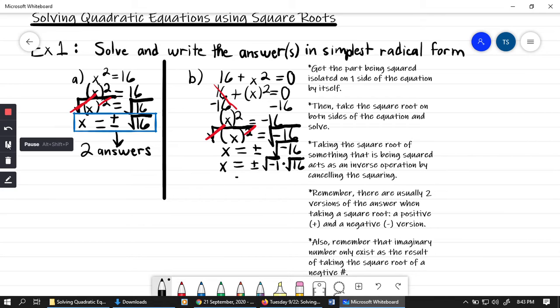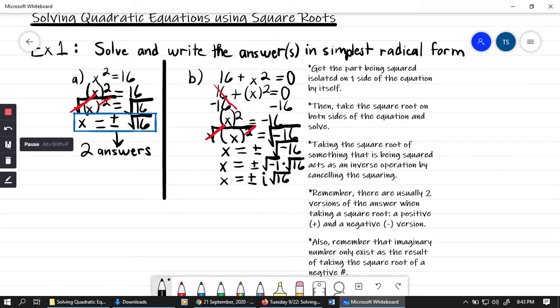We said that the square root of -1 is that basic imaginary unit i, and whenever you've got an imaginary number, it is written with that basic imaginary unit, with i. So we replaced the square root of -1 with i, and now we've got i times the square root of 16.